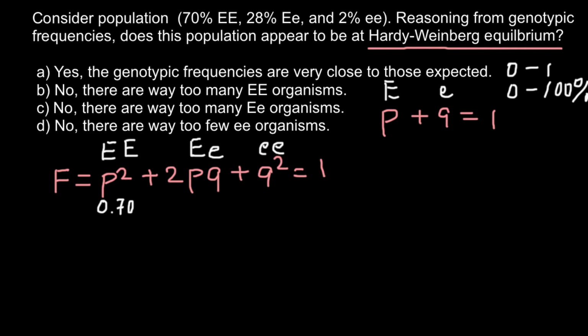So if we have a frequency of the heterozygous organisms of 28% on the scale between 0 and 1, this is going to be 0.28. And homozygous recessive, that is 2%, would be 0.02. When we add all these 3 frequencies, as you see, we got 1 or 100%.